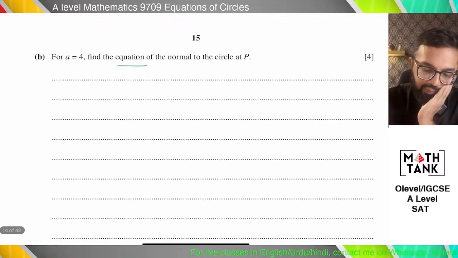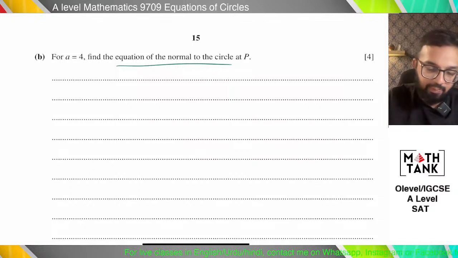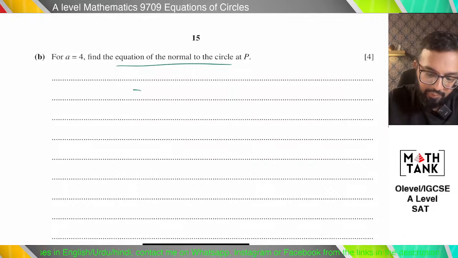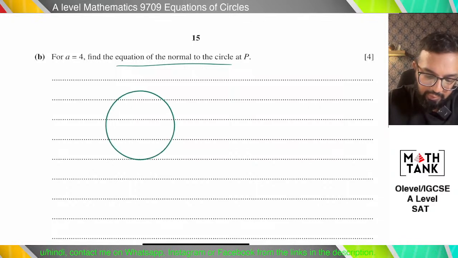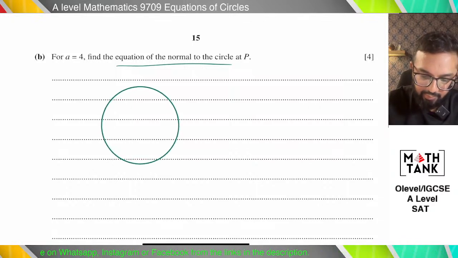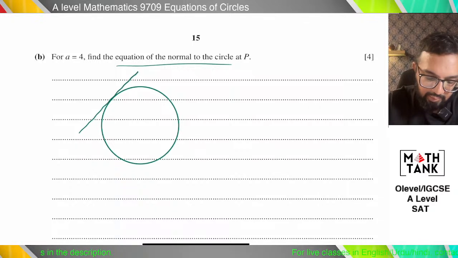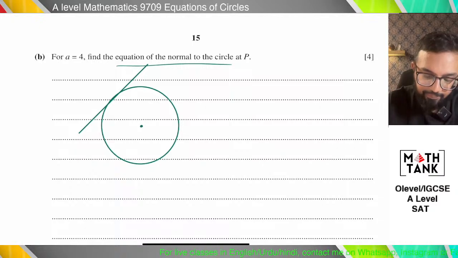For a equals 4, find the equation of the normal to the circle at P. So what is the normal to the circle? It is perpendicular to the tangent. Okay, if you've done differentiation, that's what it is.